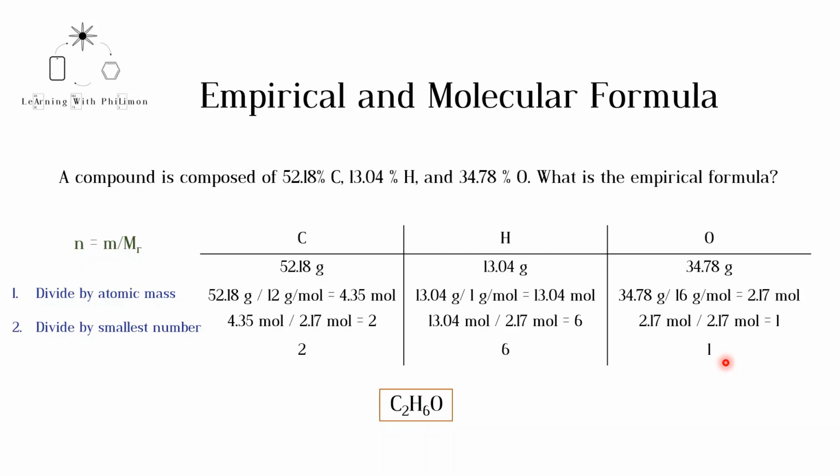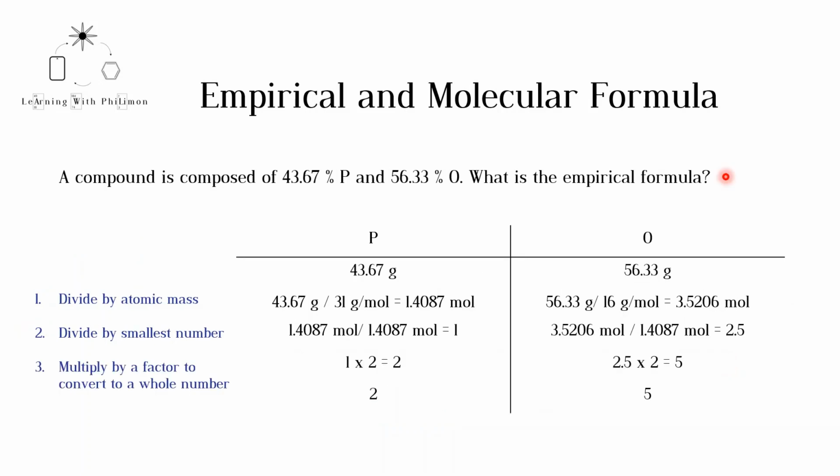Now let's see a question where the molar ratios are a bit more complicated. In this question, a compound is composed of 43.67% phosphorus and 56.33% oxygen. What is the empirical formula? Following the same steps, we get a ratio of 1 phosphorus to 2.5 oxygens.